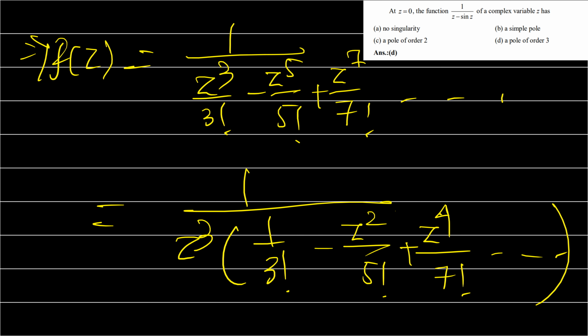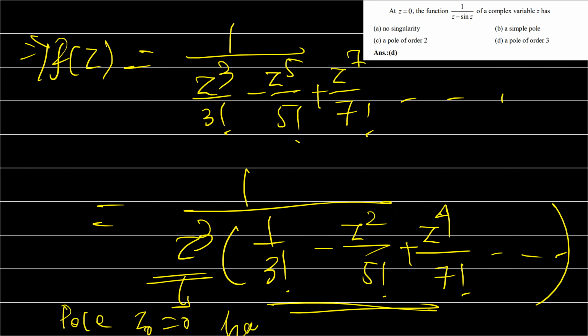Now let's put in the pole at z equal to 0. This term is not 0, but this term is 0. Hence the pole z0 equal to 0 has order equal to 3. So the answer will be D.